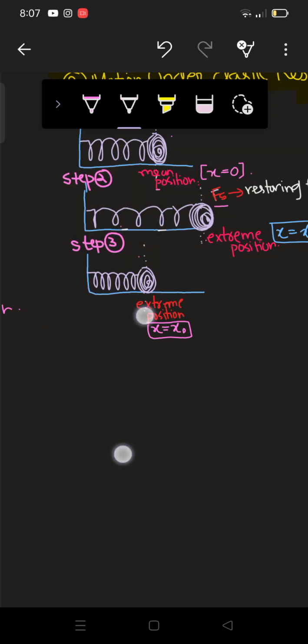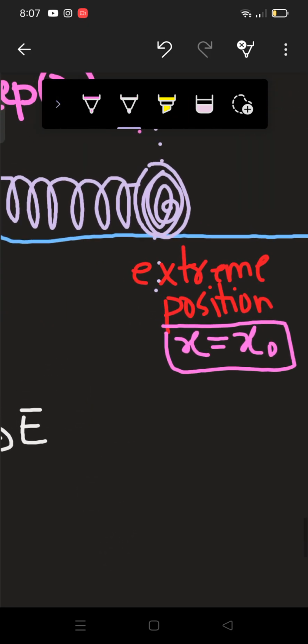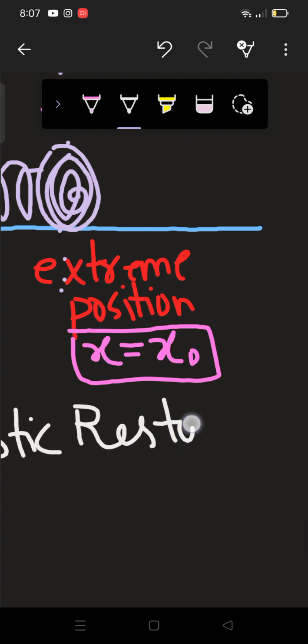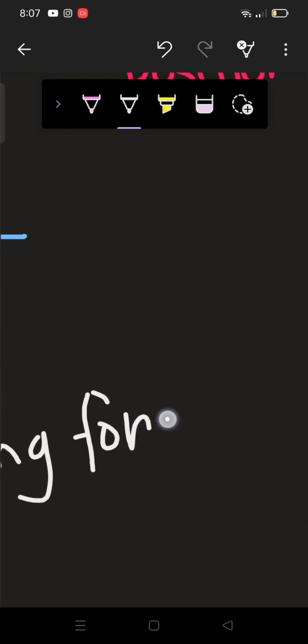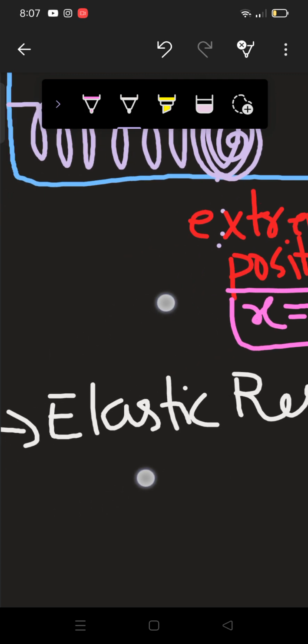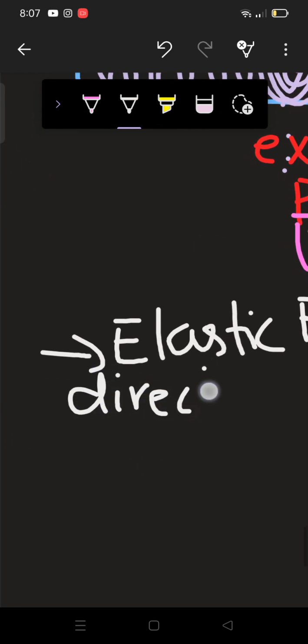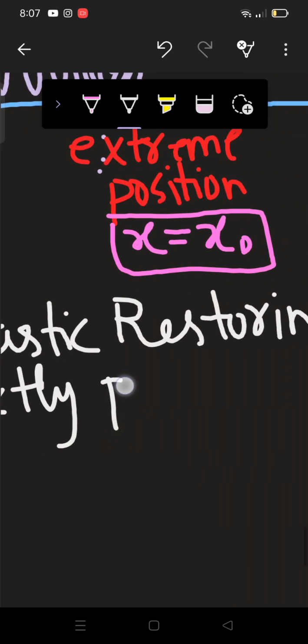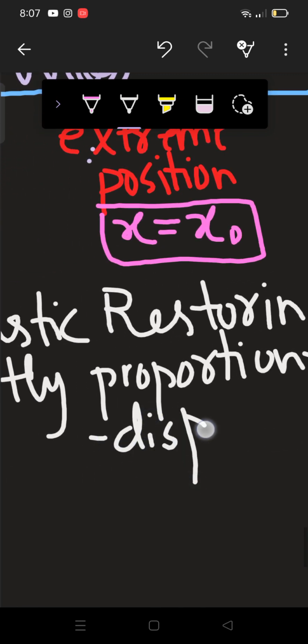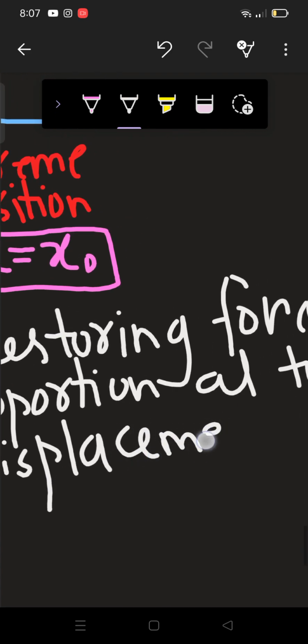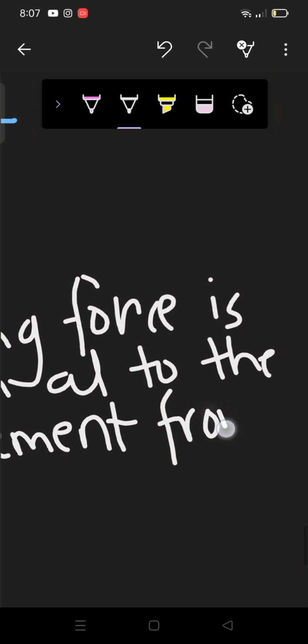Now see, the elastic restoring force is directly proportional to the displacement from the mean position.